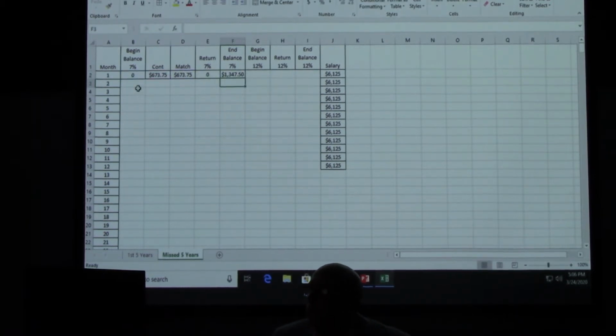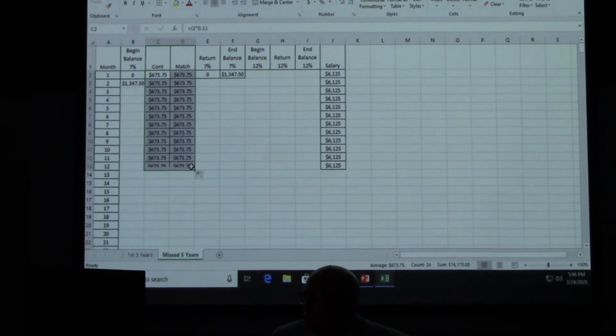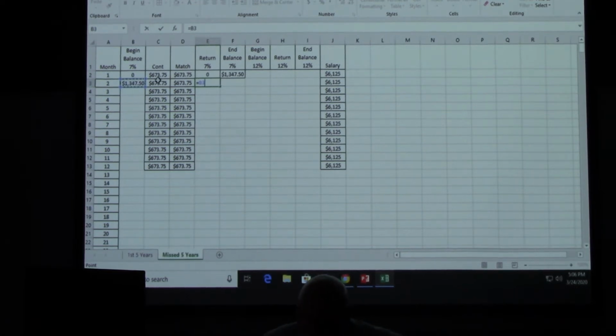And then the beginning balance here is equal to the ending balance there. And this will go down to there. And then the return is similar to how we set up exactly how we set up the previous one, that times 0.07 divided by 12.